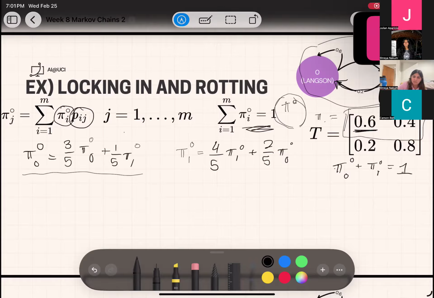So given this system of equations, let's solve it and figure out what the steady state probabilities are. Okay. First, let's move this to the other side. That means we have 1/5.